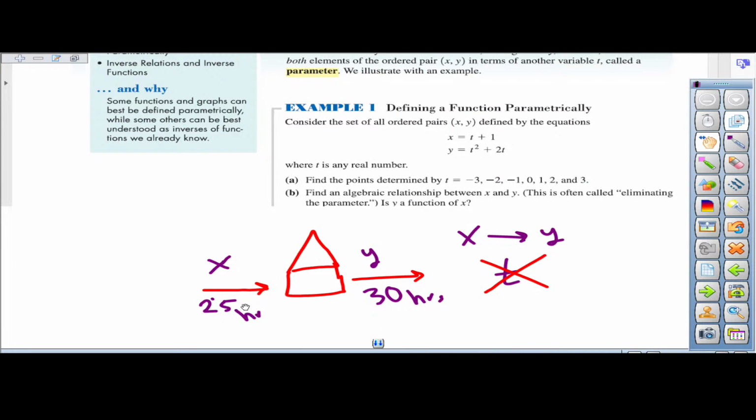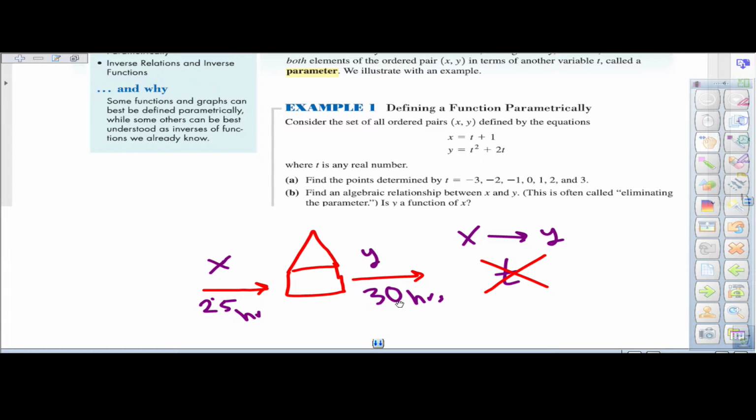Here's the pictogram once again. So this is your factory. You have raw materials coming in, which is X's, and it takes about 25 hours for them to arrive to the factory, your toys factory. And then you also have the number of toys, which is the Y's, and it takes about 30 hours to produce these number of toys.